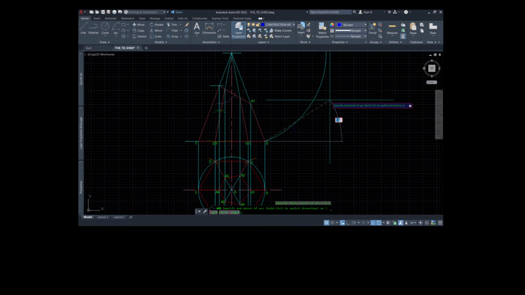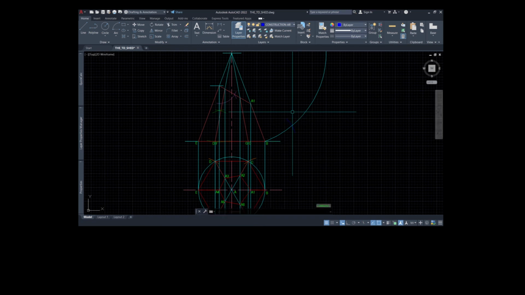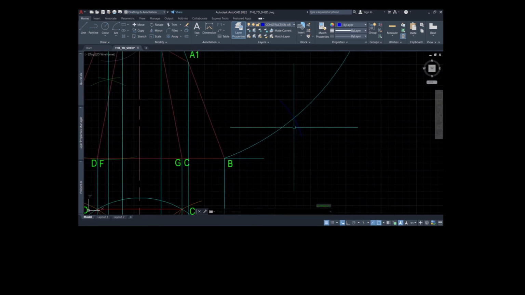At this point, we rotate our cursor or our crosshairs to the end point of our arc. We are going to repeat this action until we have attained all sides of our hexagon.